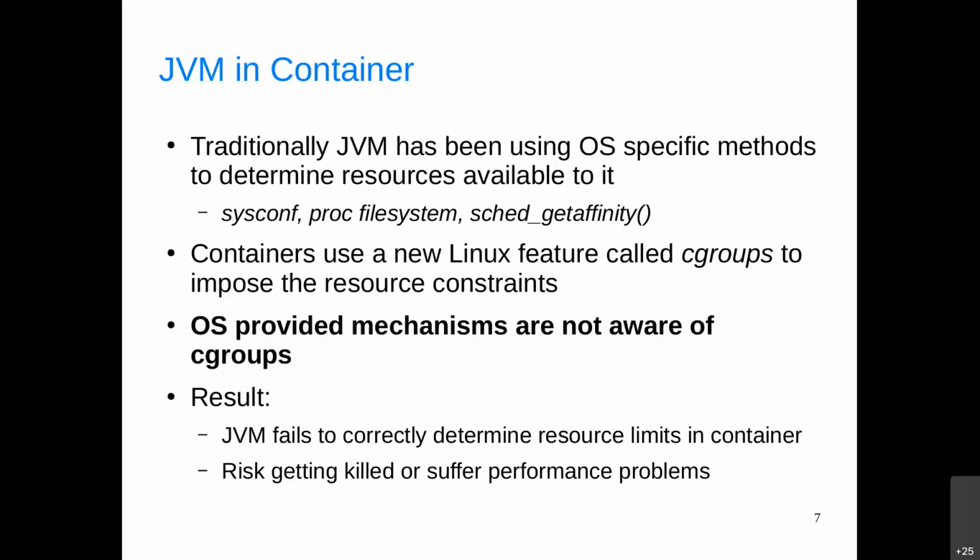And if it tries to go beyond the limits imposed by the container, then as I mentioned earlier, it can get killed. For example, if it goes beyond the memory limit of the container, then the Linux OOM killer comes into the picture and it may terminate the JVM process. Or if it tries to use more CPU resources, then it can get halted.